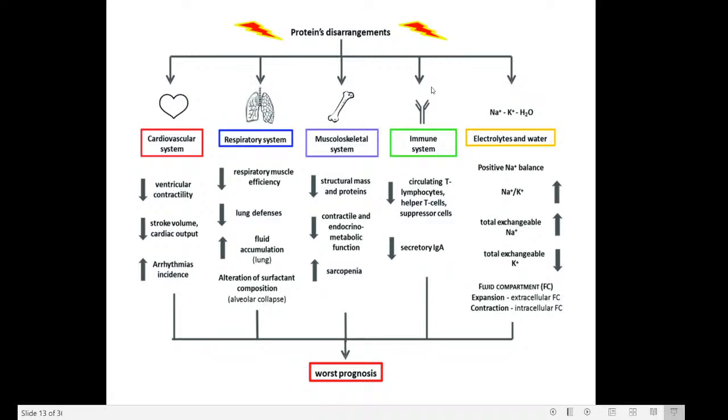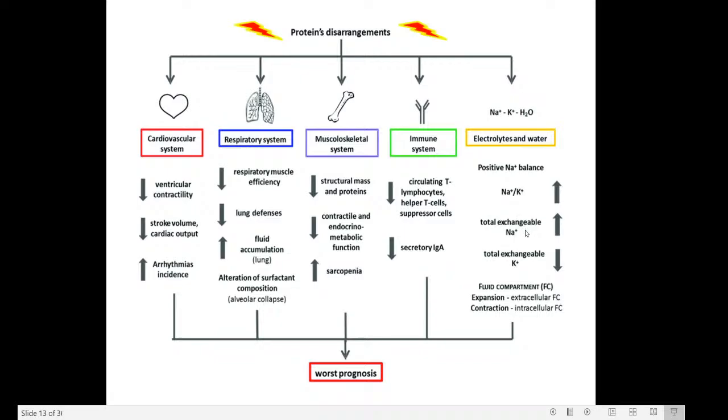If a protein change happens, the Na+ and K+ ions also vary. It makes a positive Na+ balance, meaning the concentration of Na+ and K+ is high.